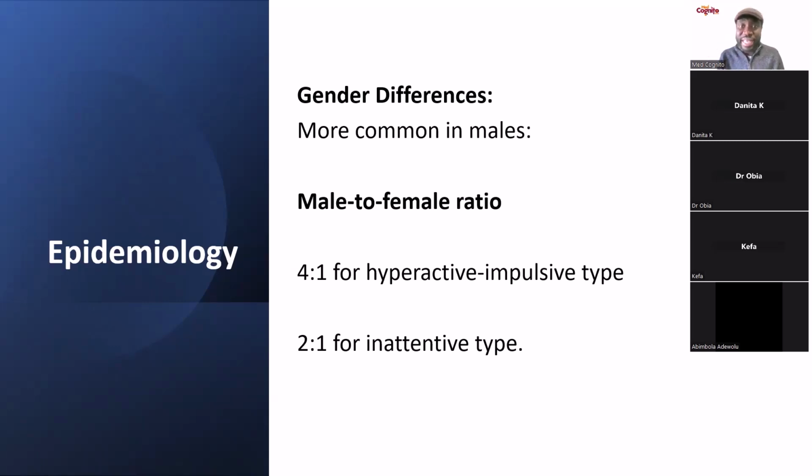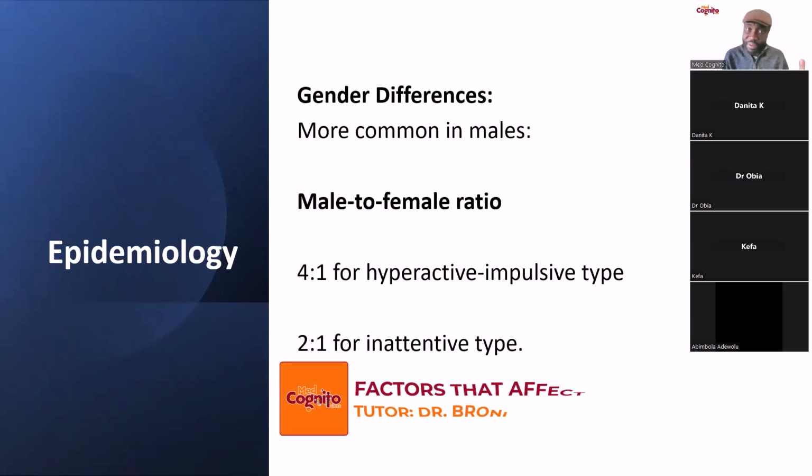And you realize that for the inattentive type, the male to female ratio is 2:1, and for the hyperactive impulsive type, it is 4:1. So it is likely to see a male patient with ADHD gambling, doing reckless stuff, as compared to a female. You see it in female patients as well, but the ratio of males doing that is higher.